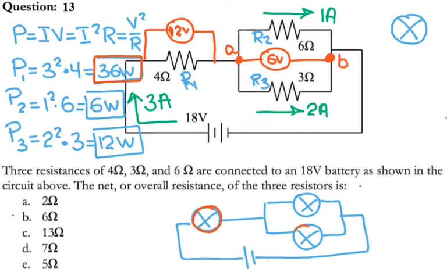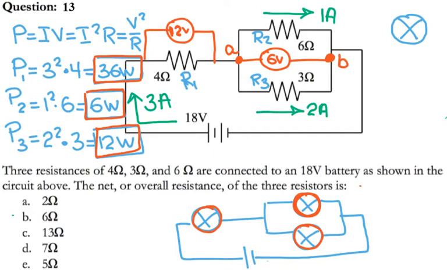The next one, for the brightness, is this one because it would be 12 watts. And then the least bright would be the second resistor or the second bulb, which is 6 watts.